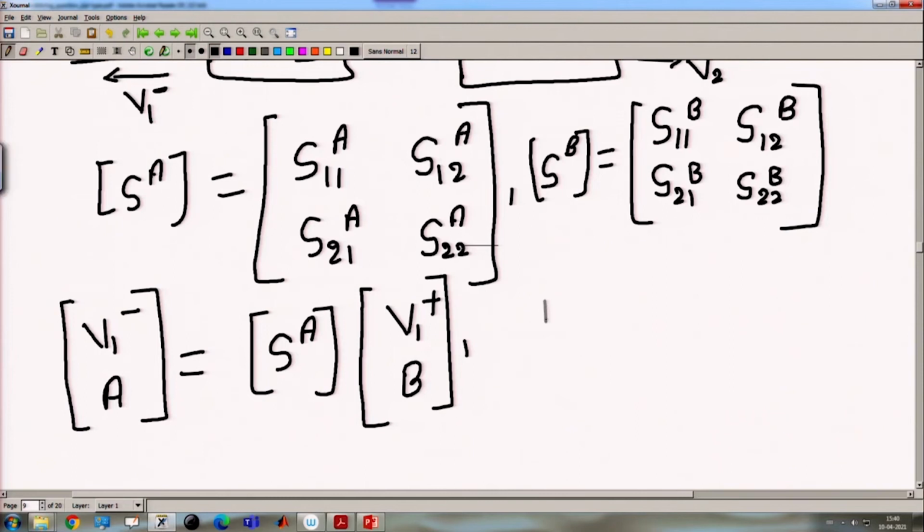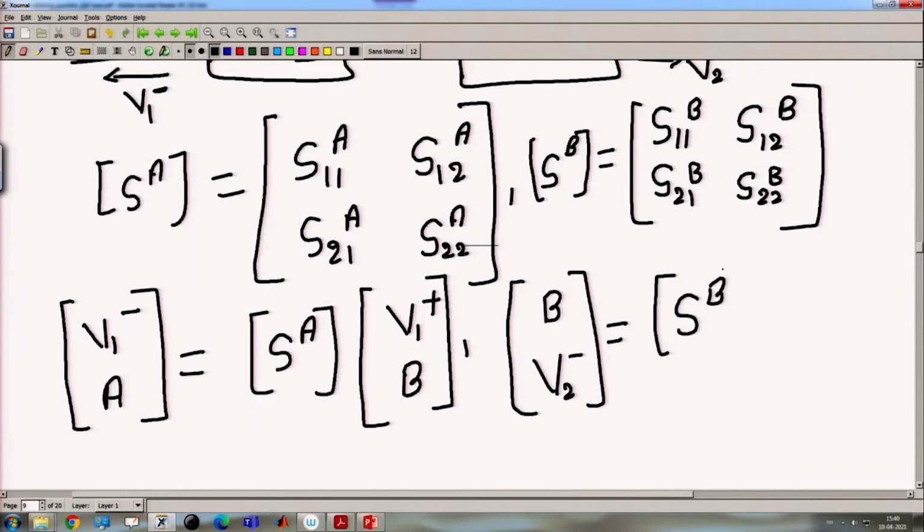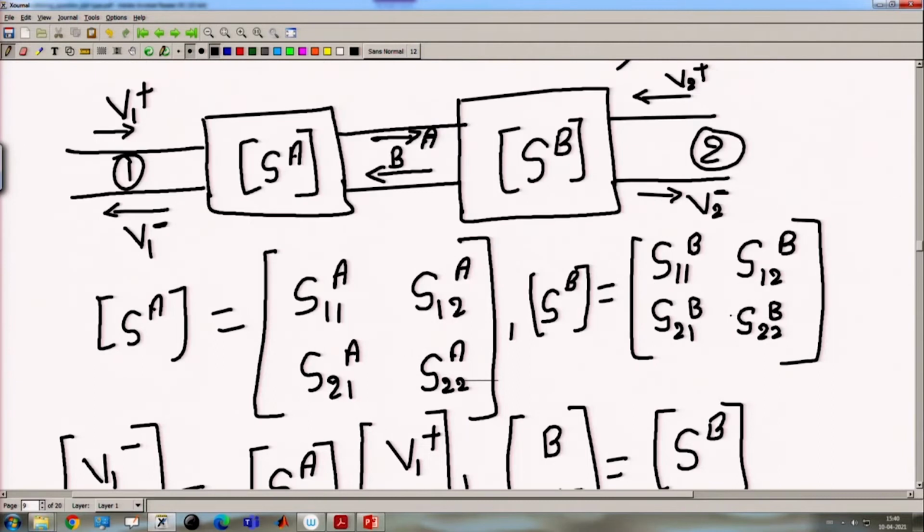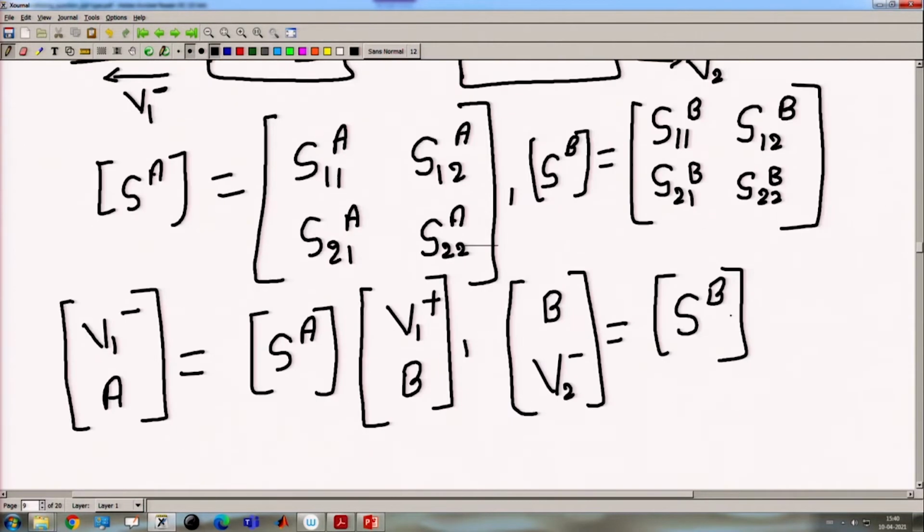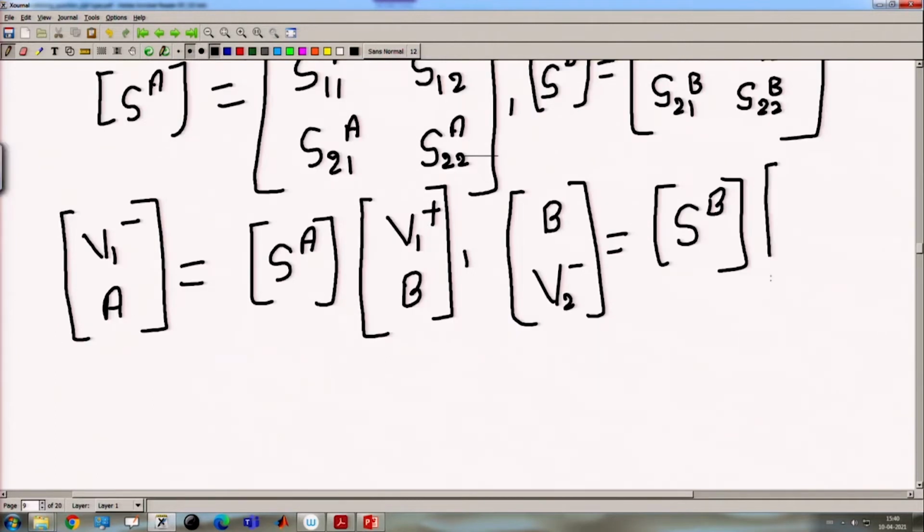So B and V2 minus equal SB into A and V2 plus, where A is the first incoming and V2 plus is the second incoming.